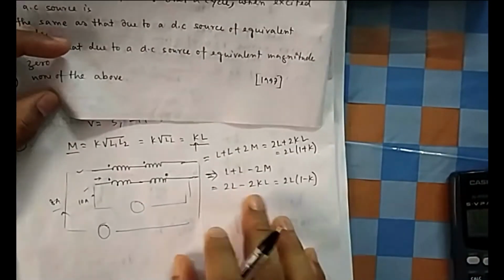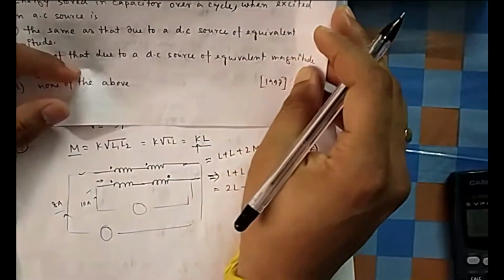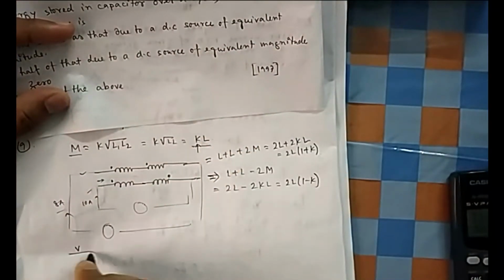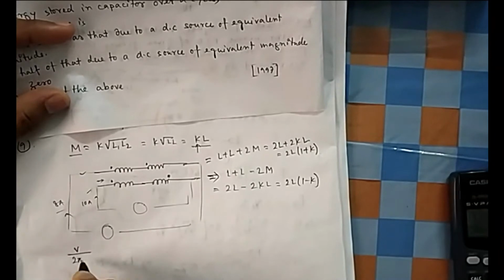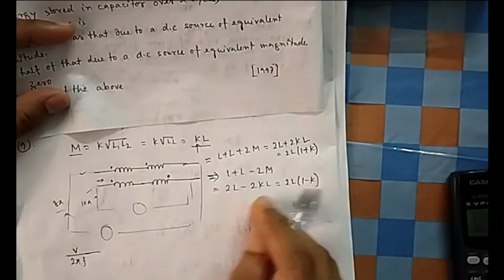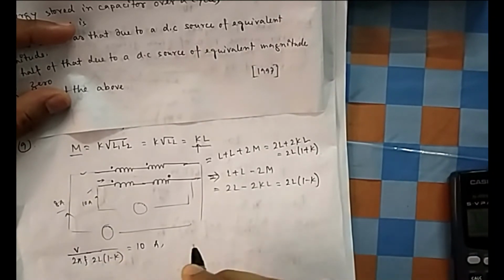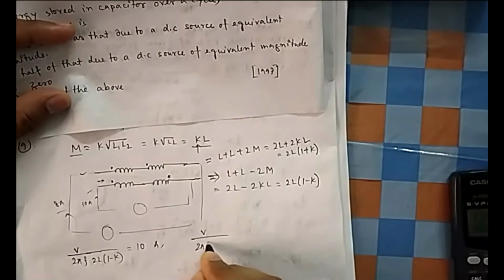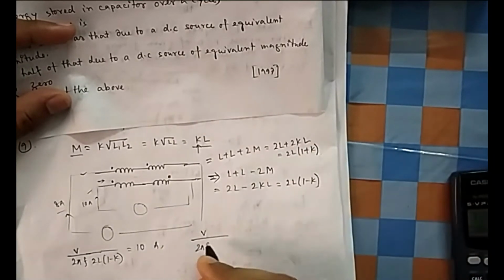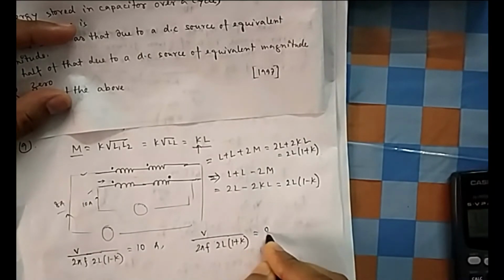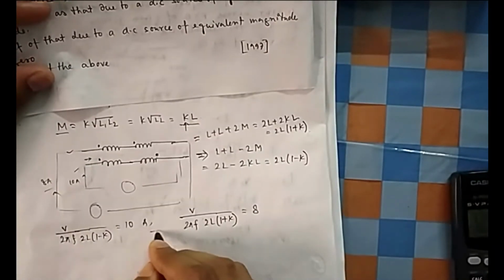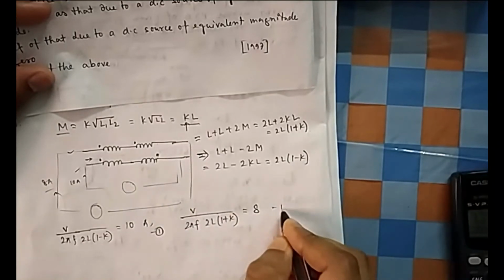Okay. So what is the current in this case? Current is equal to voltage divided by XL. What is XL? 2 pi F L. What is L? L is this one, 2L into 1 minus K. This is given 10 ampere. And V by 2 pi F, what is L here? Because here L is more, so that's why the current is less. So you can use these two. You divide equation 1 by 2.